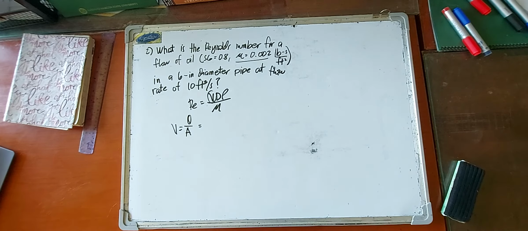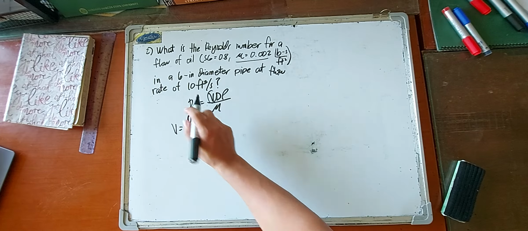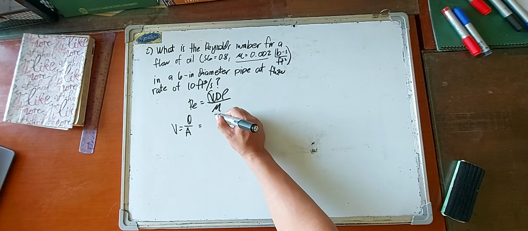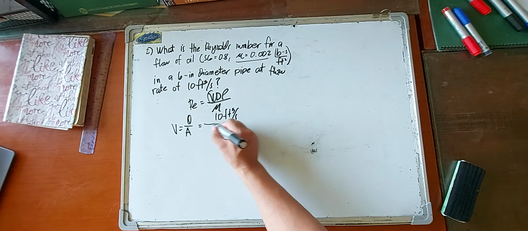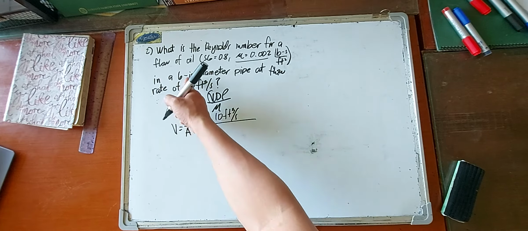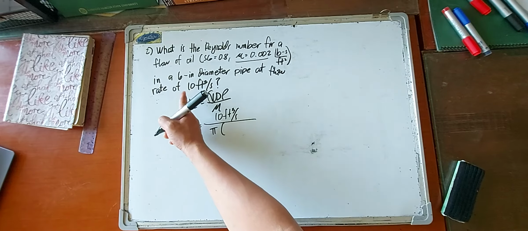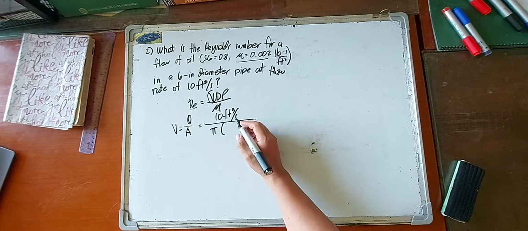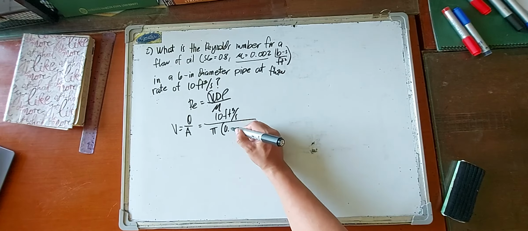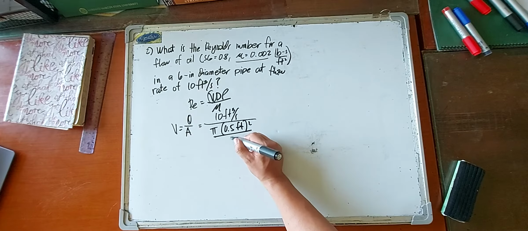So the discharge is given at 10 cubic feet per second. So we have 10 divided by the cross-sectional area given the diameter, that's pi times, let's convert to feet, there are 12 inches in 1 foot, so we have 0.5 feet squared all over 4.